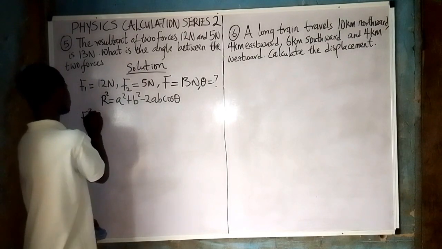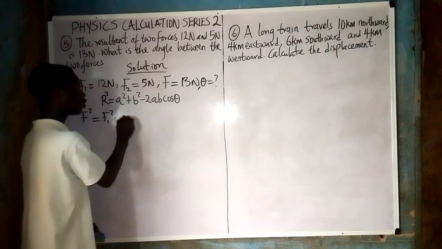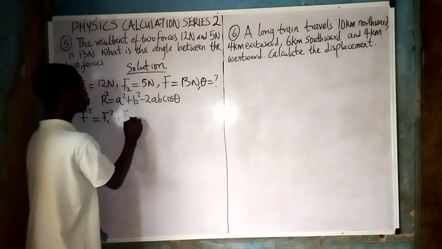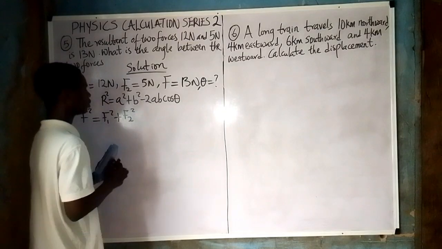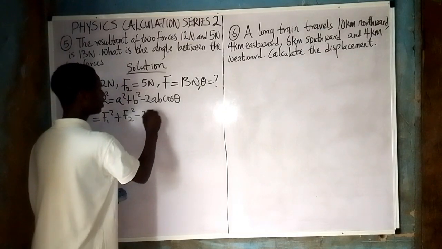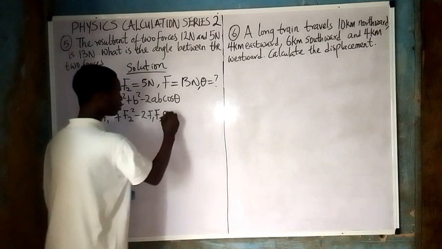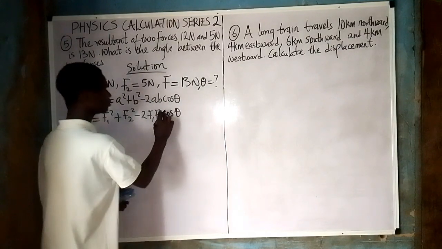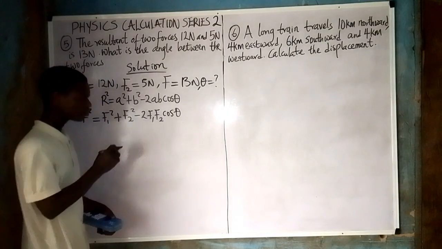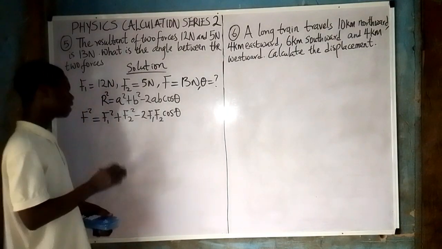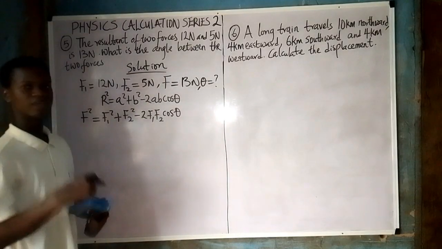Net force squared is equal to F1 squared plus F2 squared plus, no not plus, but minus 2 F1 F2 cos theta. This is the form we'll now be using, and this is the form that applies in physics. Now we'll be substituting the values of each into this, and then we'll look for our theta.